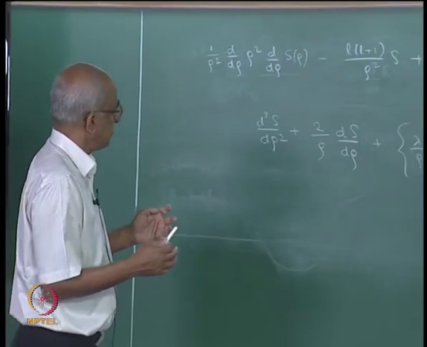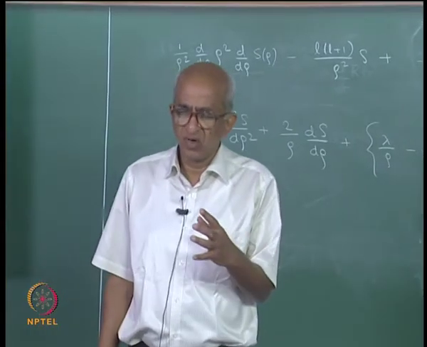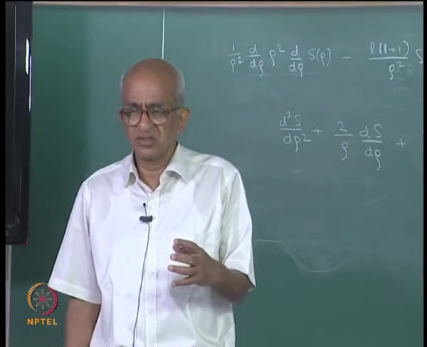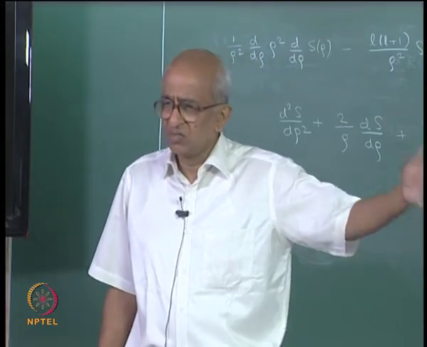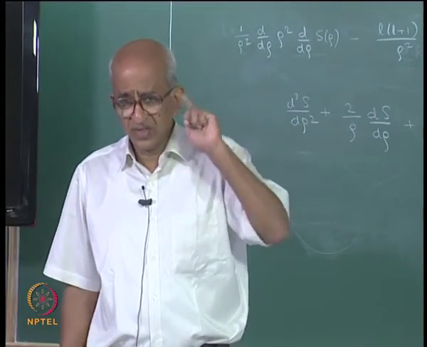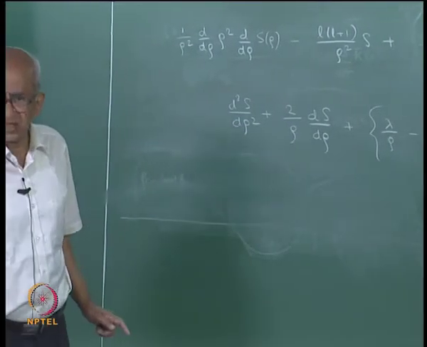And now again, how do I solve this equation? The answer is simple. I first try to find an asymptotic solution. What do I mean by an asymptotic solution? This is a solution that will be valid for large values of rho. If rho is large, you can ask what will happen to this differential equation.